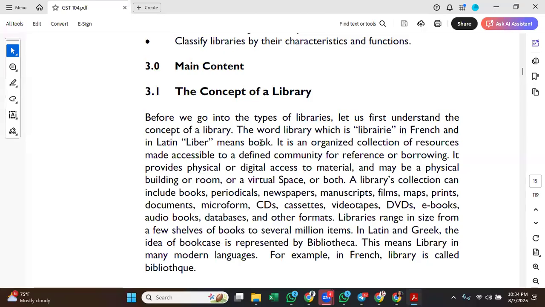There must be some set of people in mind for creating the library. Those are the community of people the library will be serving. And then we talked about a library's collection, the Latin and the French word for book, and also the French word for library and the Latin and Greek word for library.